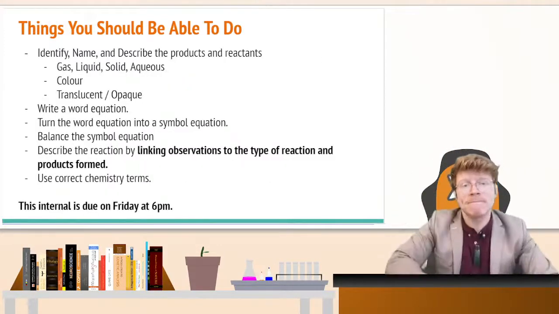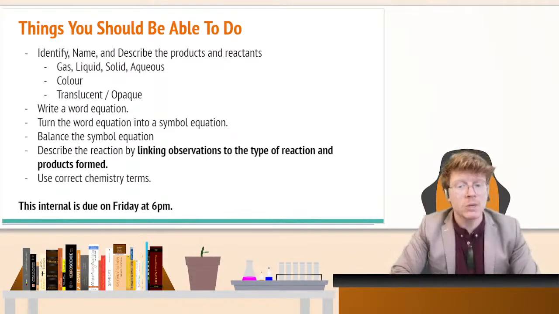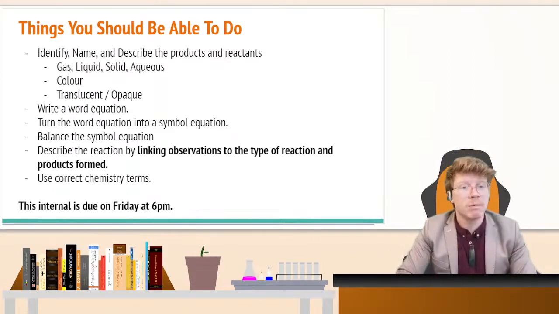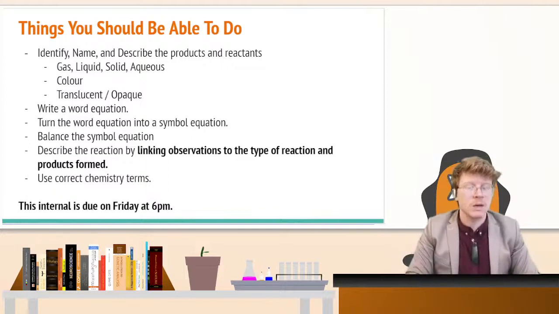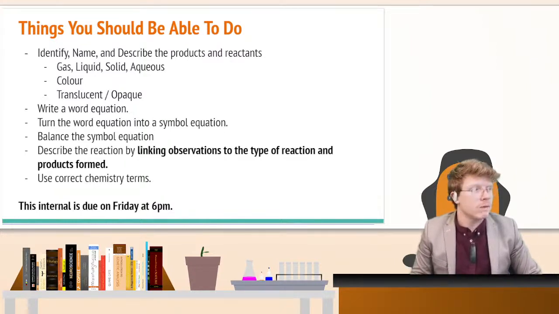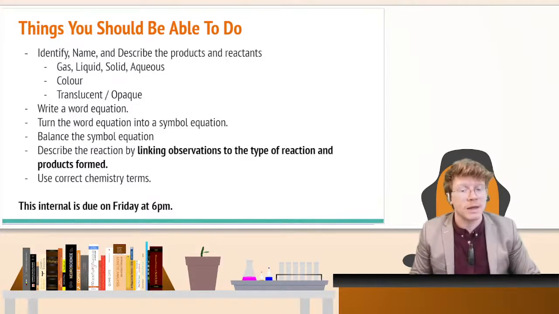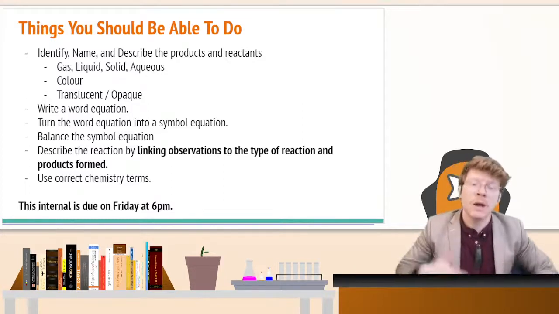Things to think about when you're answering this. You need to identify, name and describe products and reactants. So we're thinking things like, is it a gas, liquid, solid, or aqueous for each of these, right? So, for example, we're talking about magnesium and hydrochloric acid. Magnesium is a solid. Describe it that way. What color is it?